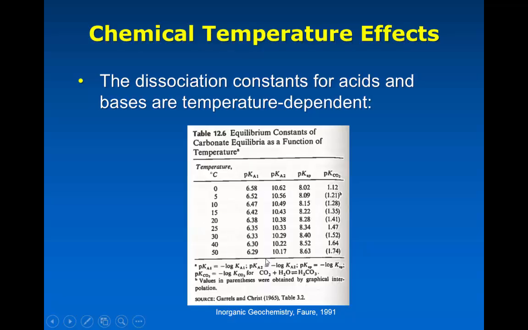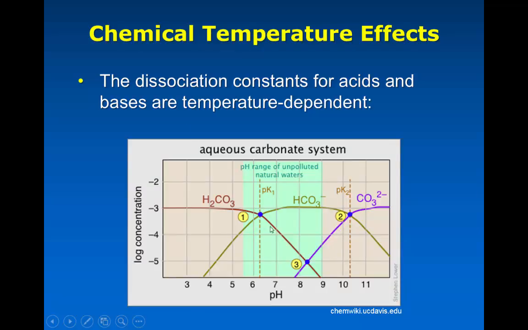That can have an effect on the pH calculation, and therefore on how much CO3 2- is available to be used for precipitating out other things. These are not hugely strong effects, but they are present in the model, and we do make those temperature corrections appropriately.